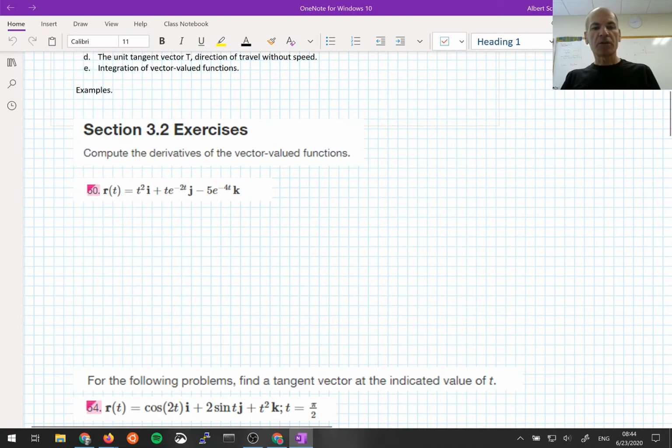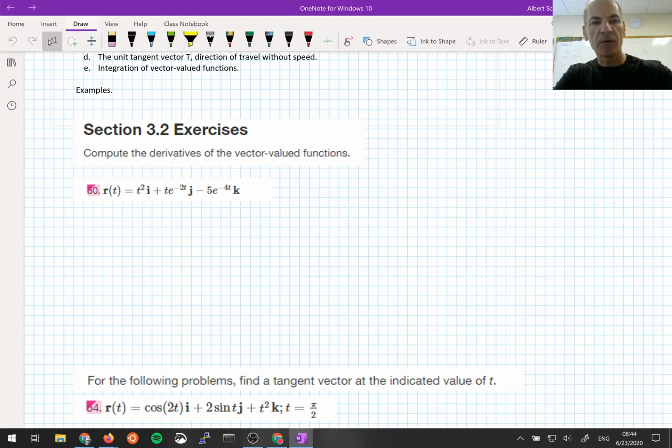So the first thing we want to do in problem 50 is just compute the derivative of the vector valued function. I'll remind you that the derivative is merely the component-wise derivative of the function. So for example, to compute r prime of t, we're just taking the derivative of t squared, which is 2t, times the standard unit vector i, plus the derivative of the j component.